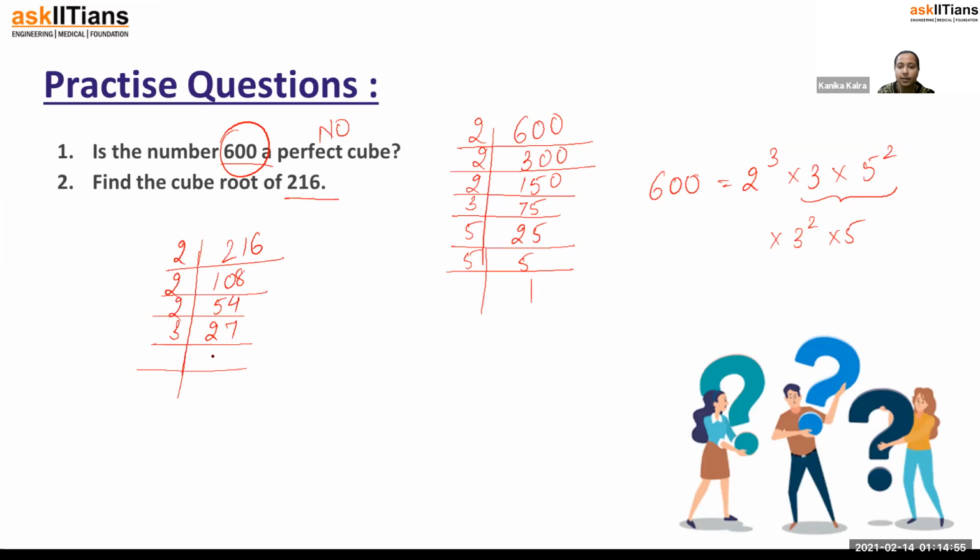So this would be 9 and 3. So the prime factorization for 216 would be 2 cube into 3 cube. That means the cube root of 216 would be equal to 2 into 3, that is equal to 6.